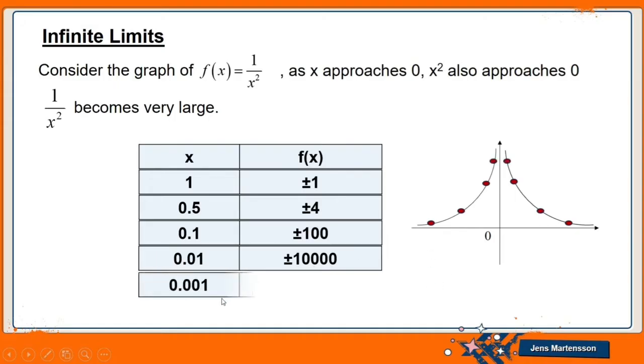And when we substitute 0.001, f(x) equals 1 million. So when we substitute a value of x very close to 0, f(x) becomes very large.